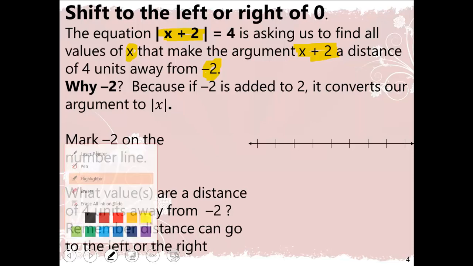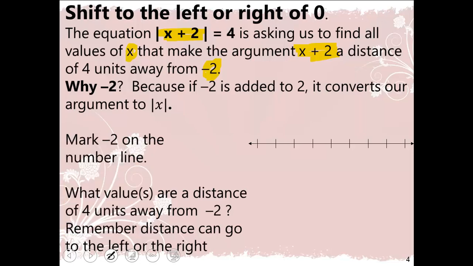But in either case, I'm going to mark -2 on my number line, and then I have to count 4 units. 4 units. So that's going to take me to +2 when I go to the right, and it's going to take me 1, 2, 3, 4 to -6 if I go to the left.